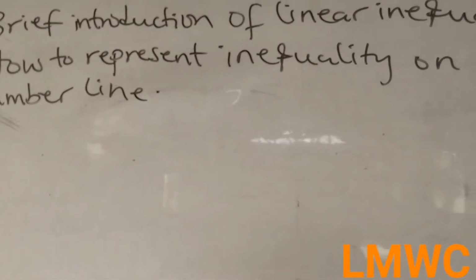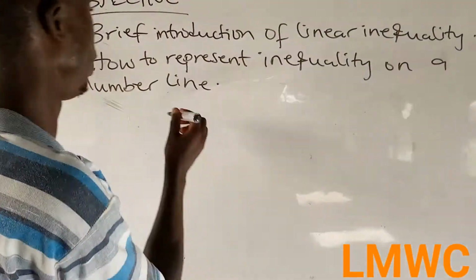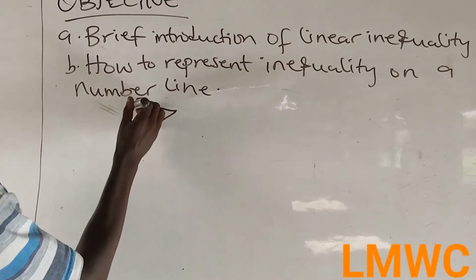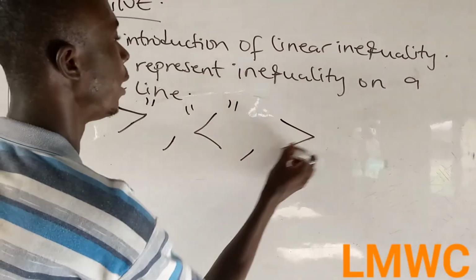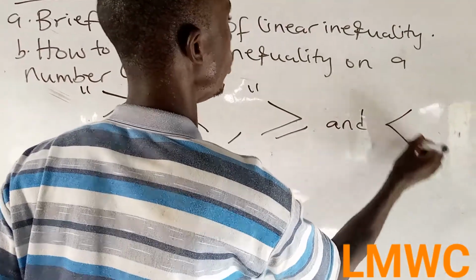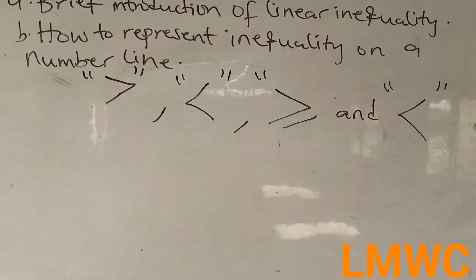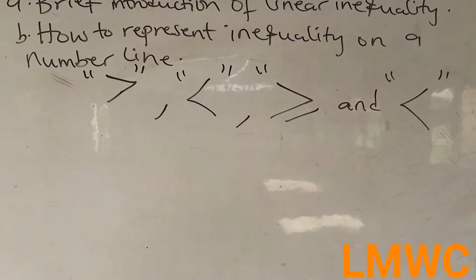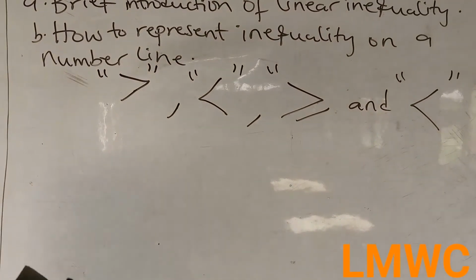So as I said, linear inequality involves symbols such as greater than, less than, greater than or equal to, and less than or equal to. We represent our answers on a number line. And for inequality too, we solve for the variable.